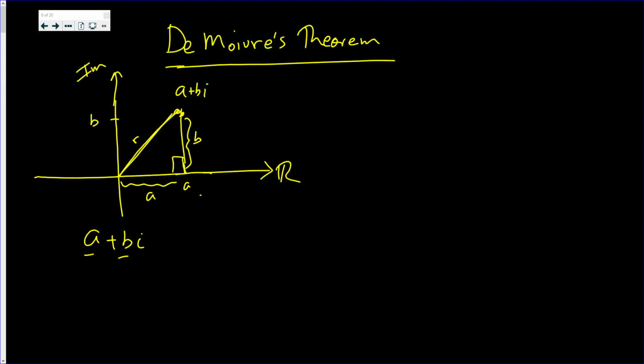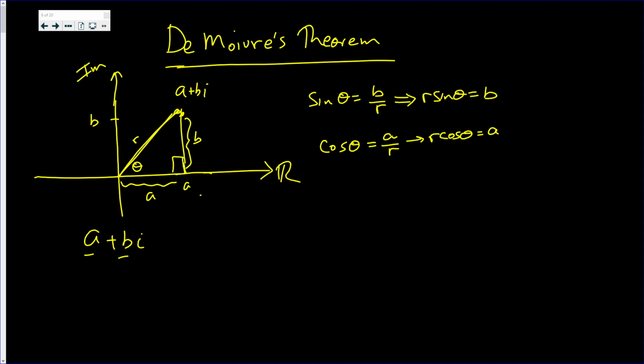Now, it's called the angle theta. Well, it turns out that the sine of theta is opposite over r, and the cosine of theta is adjacent over r. Multiplying both sides by r, we get b is r sine theta and r cosine theta is a.